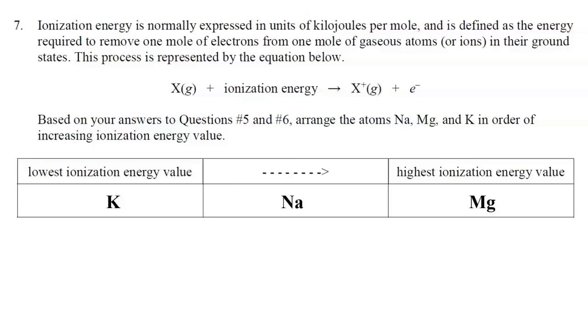And then when we compared sodium and magnesium, because magnesium had one more proton in its nucleus, that meant that the electron in that outer shell, level 3, was more strongly attracted to the nucleus because of its greater magnitude of charge. So potassium, the easiest to lose the outer shell electron; magnesium, the hardest to remove the outer shell electron.